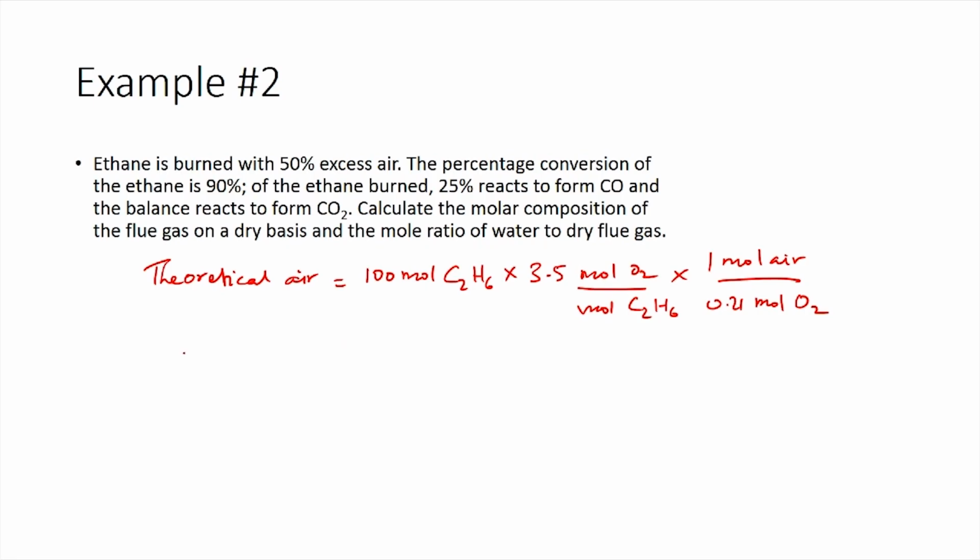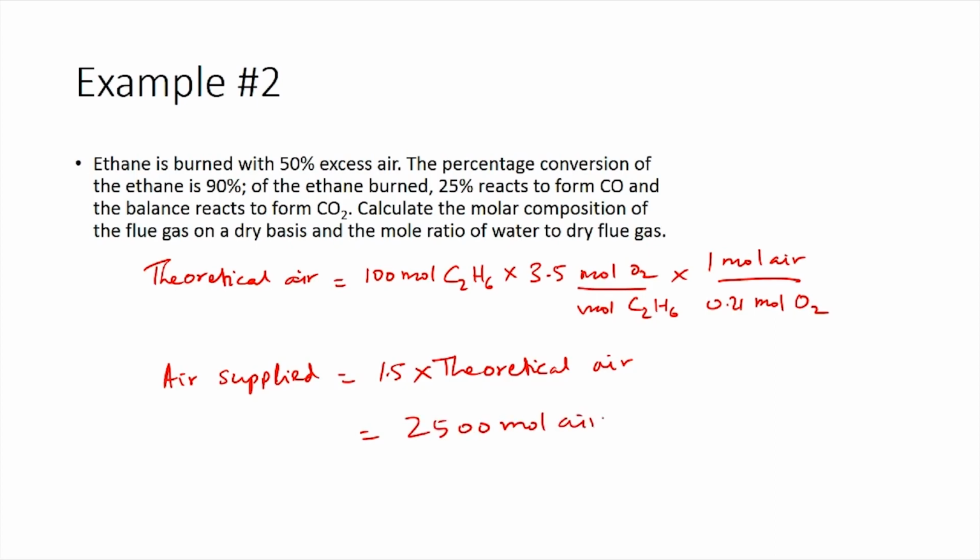To calculate the amount of air which is supplied, we would multiply this by 1.5, 1.5 times theoretical air. So, the amount of air which is actually supplied would be 2500 moles of air.